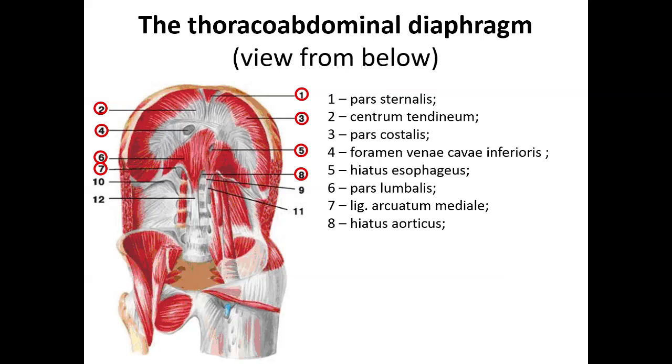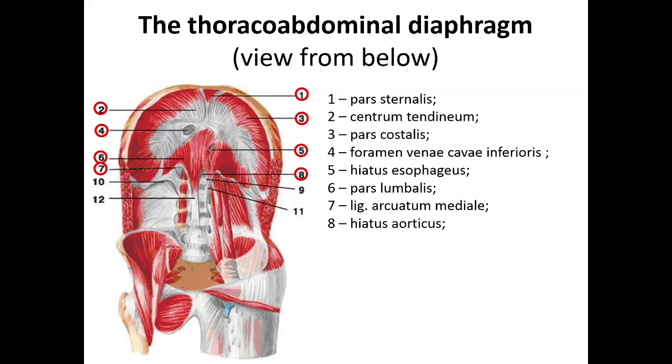By the way, it isn't seen here, but I'd like to say that between two crura, crus dextrum and crus sinistrum, which are the main structures of the lumbar part of diaphragm, we can find also ligamentum arcuatum medianum.